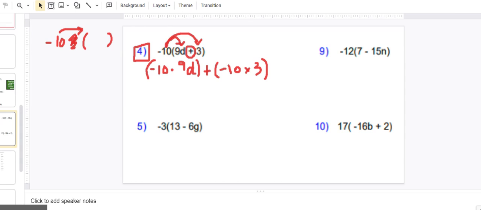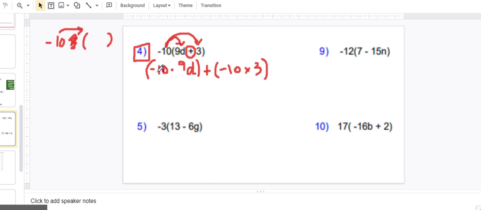So we're going to ask ourselves, well, can we do anything here to kind of simplify these together? So as we look at our two problems inside of our parentheses, we're going to say, okay, well, negative 10 times 9d. Well, we have these D's and then we have these 10s.